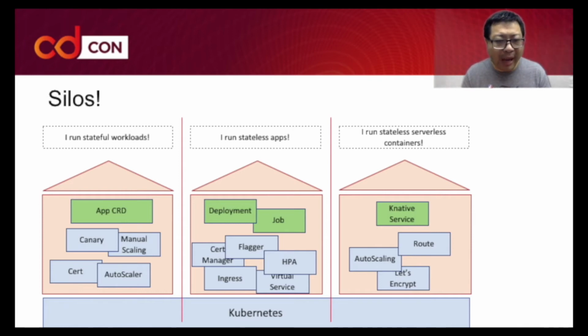And silos are bad. Silos are bad for users, since there's no one-size-fits-all solution, right? It's all opinionated. They need to maintain several pipelines or toolchains. But if you think about it, that's still okay as long as they're willing to learn and willing to pay. It still beats dealing with Kubernetes directly.